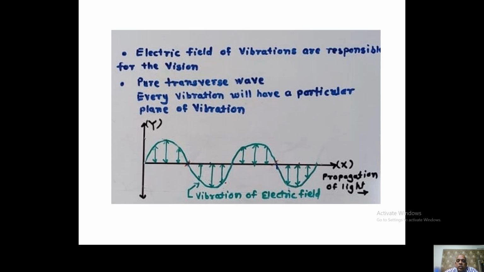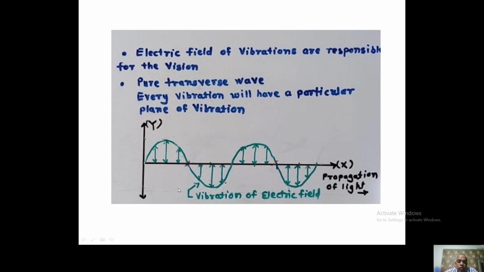Now, the electrical field of vibration, that means the electrical vectors of the light, are responsible for vision, and hence we forget about the magnetic field vectors and consider only the electrical field vector, that is, the electrical field of vibrations. In this diagram, this is the vibration of electrical field vectors, which are perpendicular.